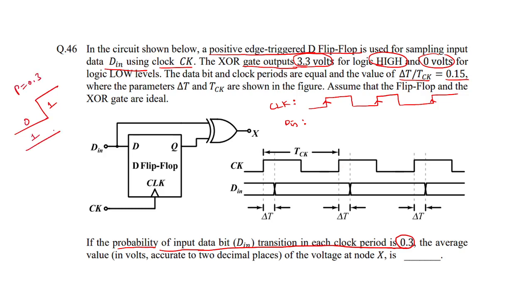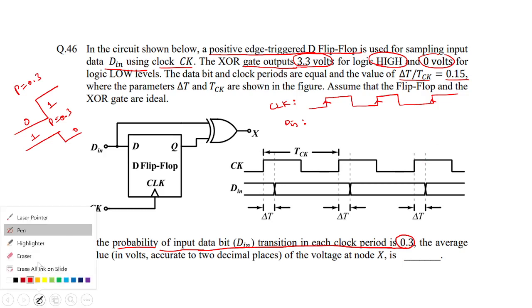Or if the input is 1, to change to 0, the probability is 0.3. Are you getting it? So it's a simple, similar problem that we need to look at.